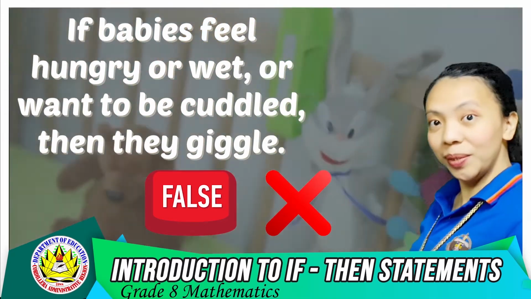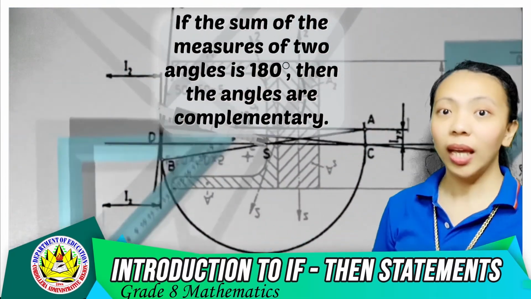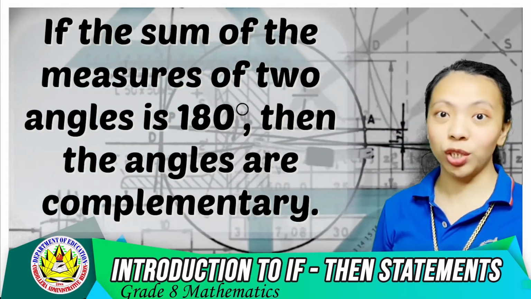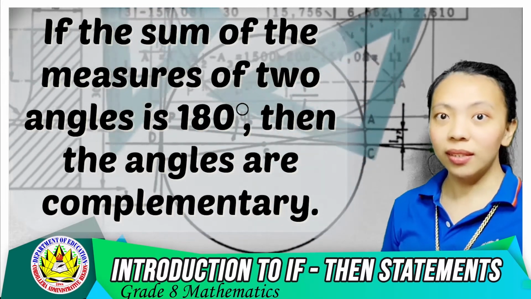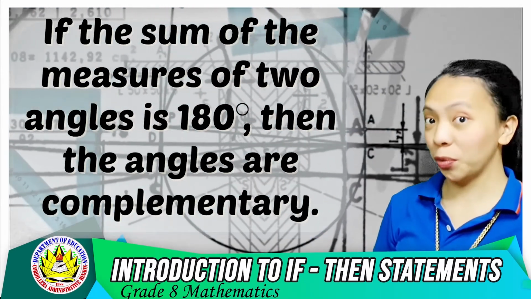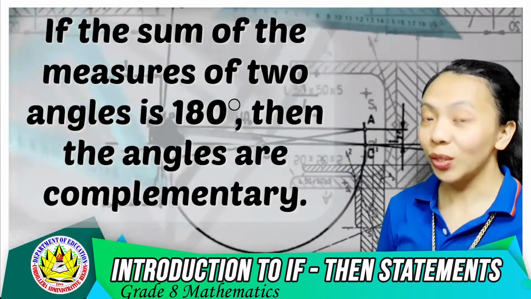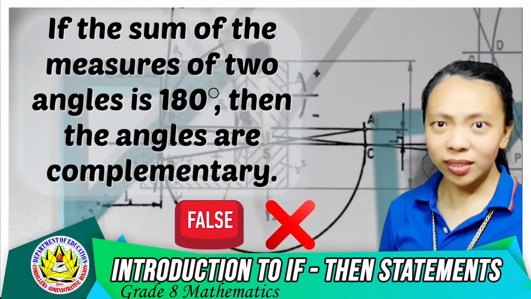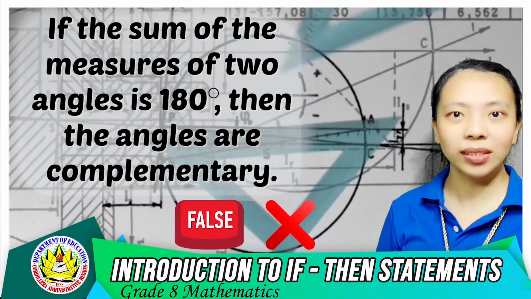Last example. Here it is. If the sum of the measures of two angles is 180 degrees, then the angles are complementary. True or false? The answer is false. Why is the sentence false?